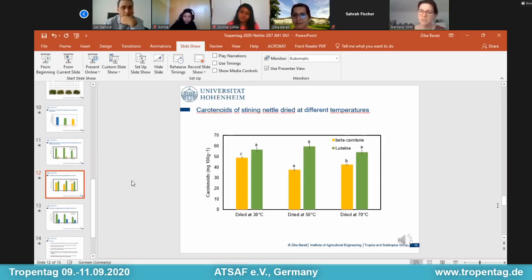And do you see differences between those? Yeah, the composition of the different plants is definitely different, and the optimum temperature can also change according to the plant. Thank you.